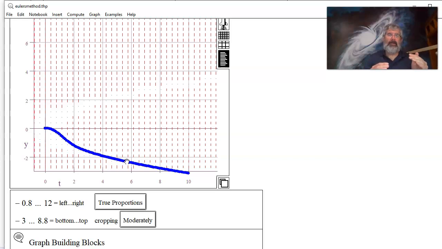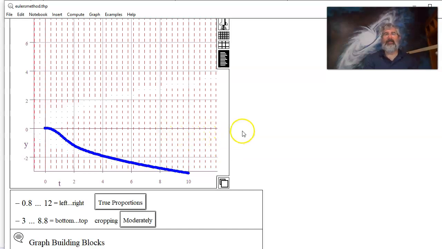If your solution curves are asymptotically approaching some other curve, then even though each approximation is wrong, you're not on the solution curve you thought you were, you're on the next solution curve, but that next solution curve is pushing you towards the same answer anyway. So if you've got some asymptotic behavior in your solutions, then this is going to work reasonably well. On the other hand, if you have divergent things, then it's probably not going to work well for very long at all.